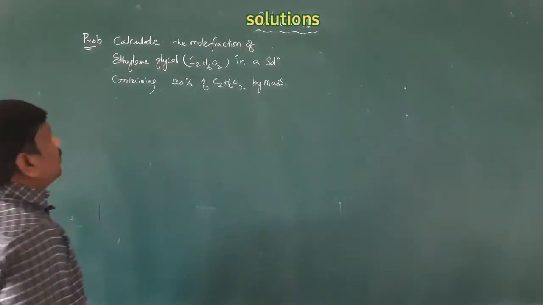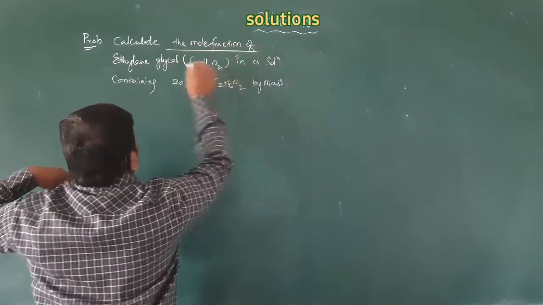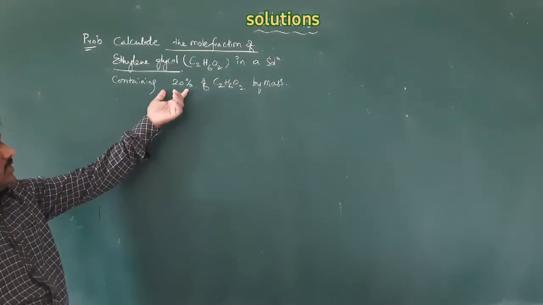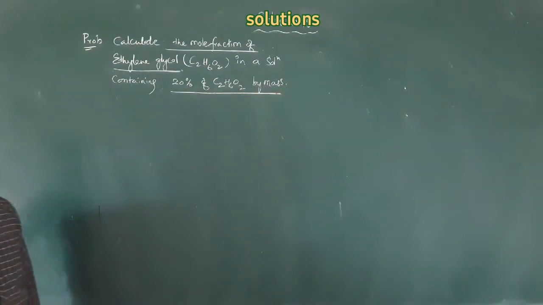So this is the problem given. Here we have to find the mole fraction of ethylene glycol. Here what is given? 20% of ethylene glycol by mass.